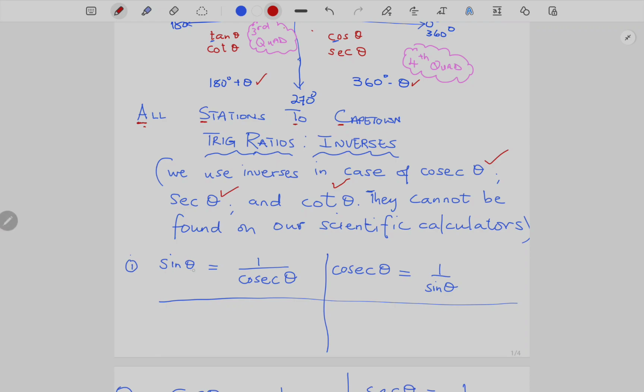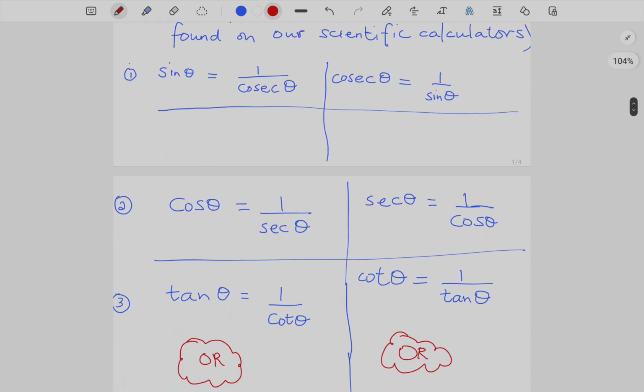So if you are given sine theta and you must rewrite it in its inverse, sine theta is the same as 1 over cosec theta. Or if it's given as cosec theta and you want to calculate it using your calculator, it is the same as 1 over sine theta. Next, cos theta is equal to 1 over sec theta, or sec theta is the same as 1 over cos theta.